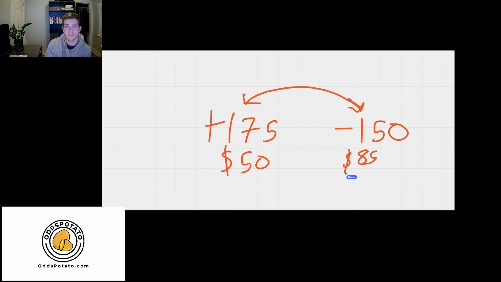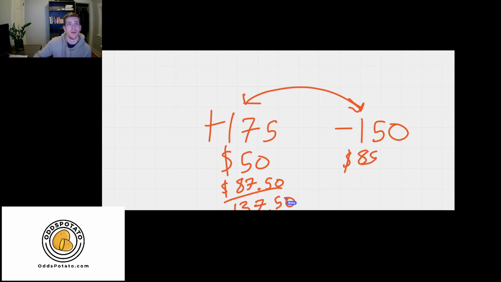Obviously that's the simple math, but I want to give you exactly what that turns out to be. So on a 175, if you bet $50, you'll be up $87.50 for a total up of $137.50. And then if you bet $85 on that other side, so on a minus 150, and I'm using the calculator on OddsPotato to show me how that math works out.